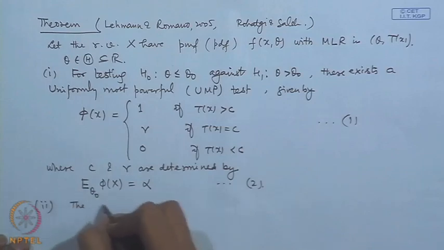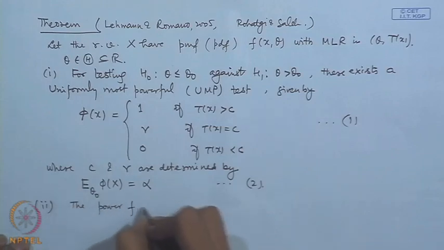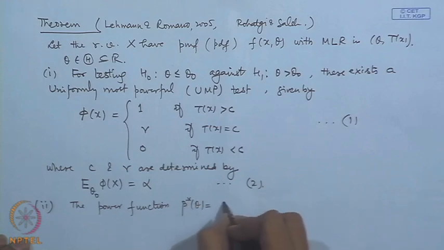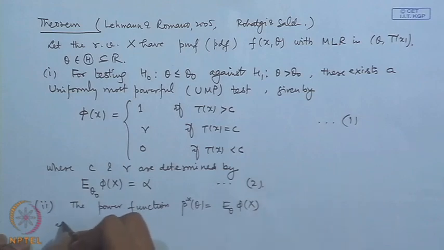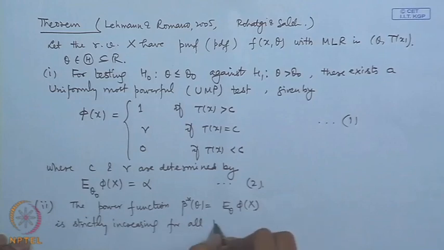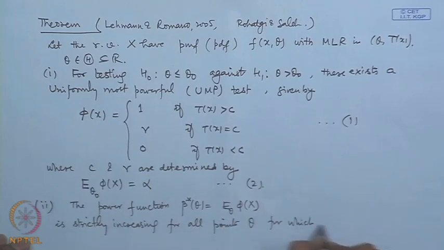The power function, that is we have used the notation say beta star(theta), that is equal to expectation under theta of phi(x), is strictly increasing for all points theta for which it lies between 0 and 1.